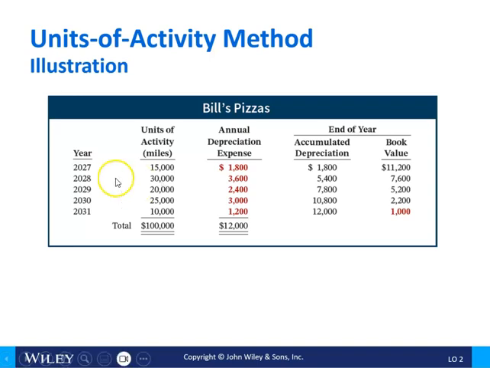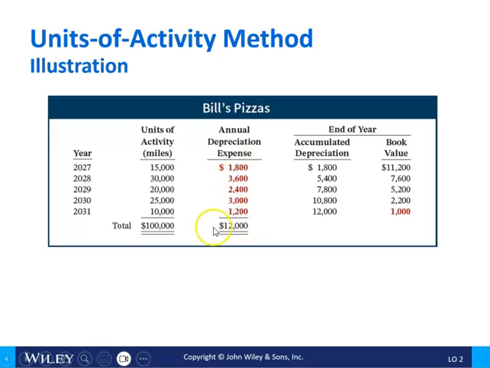But this is an example saying, here's the years, here's the activity in those years. It adds up to 100,000. It's miles. It shouldn't have the dollar sign there, so I apologize for that. The annual depreciation expense is the 12 cents per unit, 12 cents per mile, times the miles in each year to calculate the depreciation expense that year.